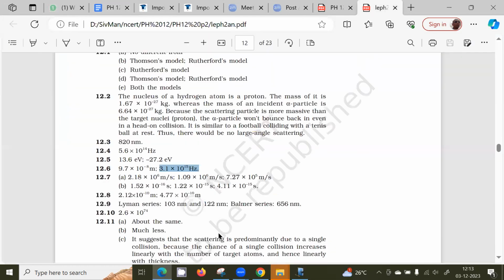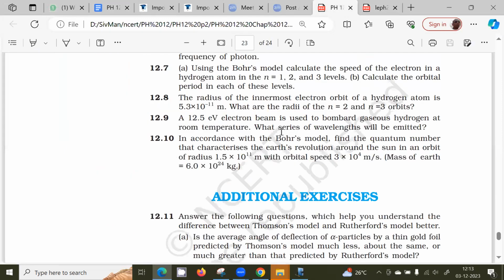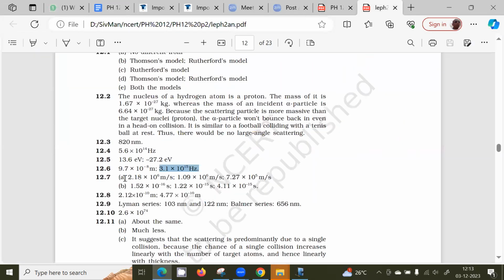So the answer will be, with 12.8, 4 times it is 21.2 into 10 raised to minus 11, that is 2.12 into 10 raised to minus 10.